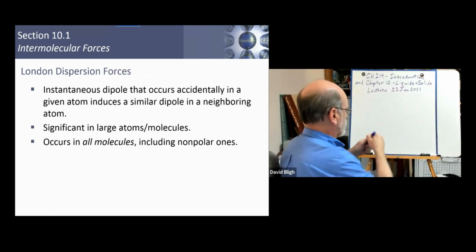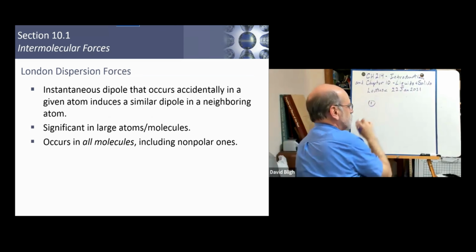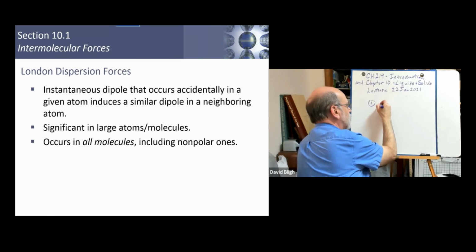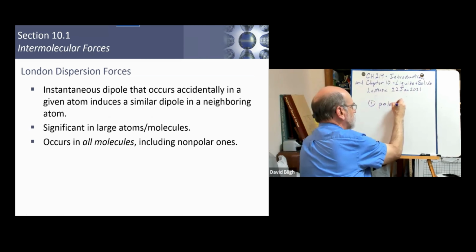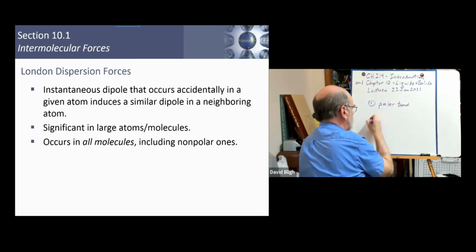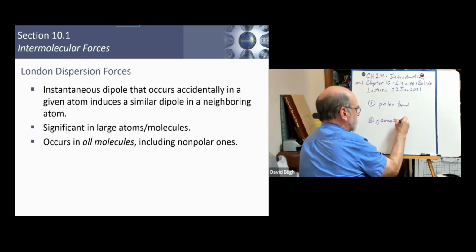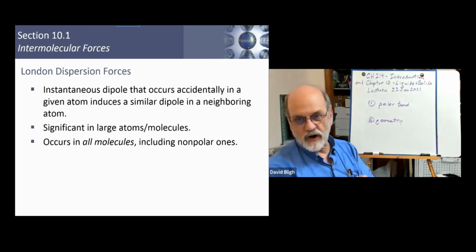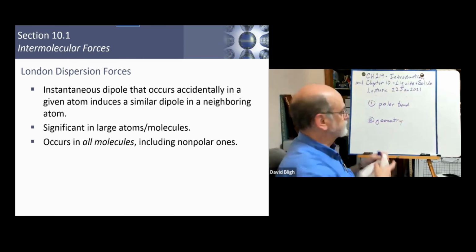I forgot to write that one up there. Let me do it again. Two things you need to know: polar bonds and geometry. Okay, that's how you determine polarity of a molecule.